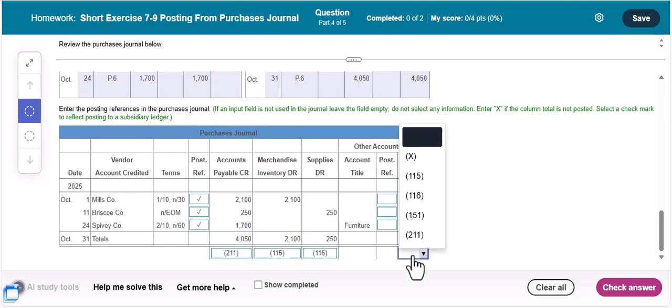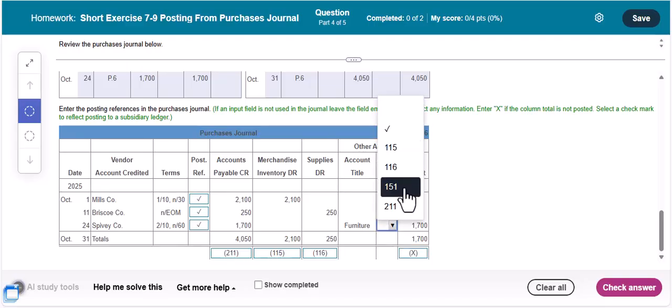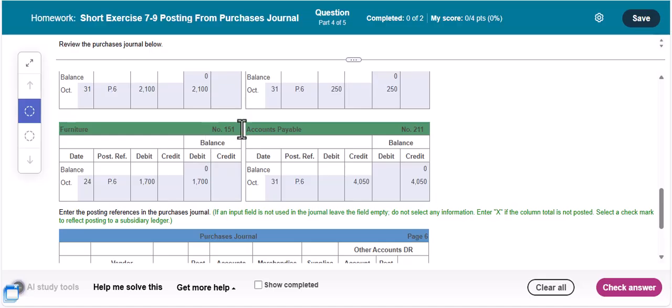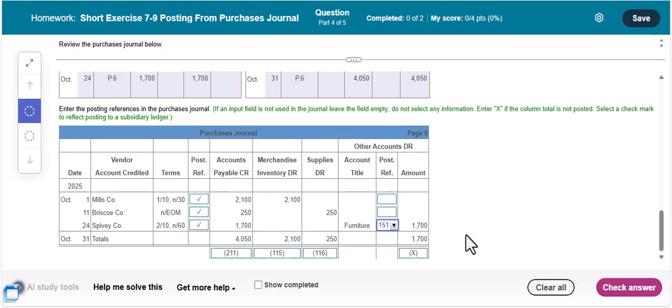No, this one gets an X because this could be many different accounts that it is getting posted from. So say like land, building, furniture, and those all together would not get lumped in. They would go in separately. So this one, furniture, goes in separately to account 151, which is found at the top of furniture here. Let's go ahead and check our answer.